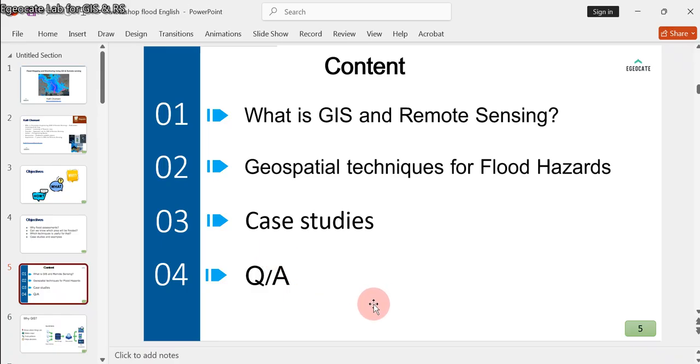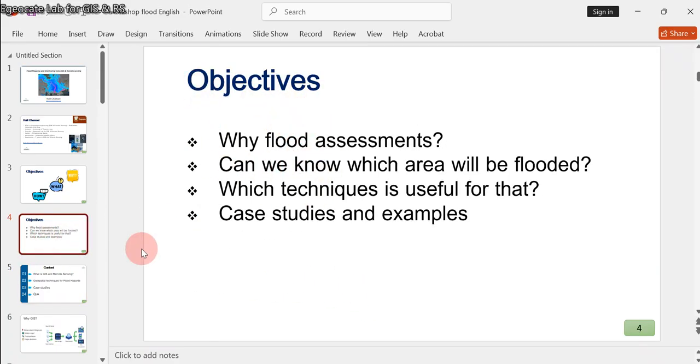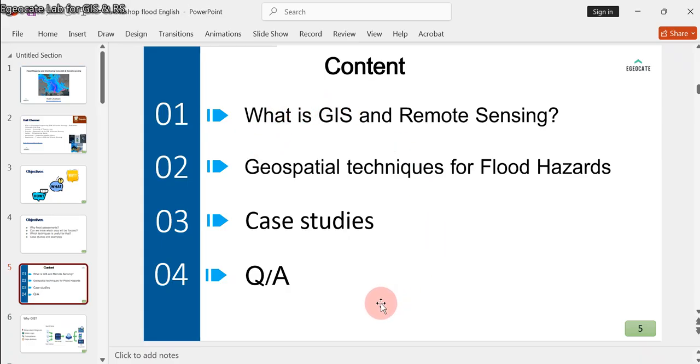To meet these objectives, I divided my seminar into 4 parts. In part one, I will give you general insights about GIS and remote sensing, because maybe some of you don't know much about it. I will just give you a brief introduction. After that, I will give you details on using geospatial techniques for flood hazards. So how can we use GIS?